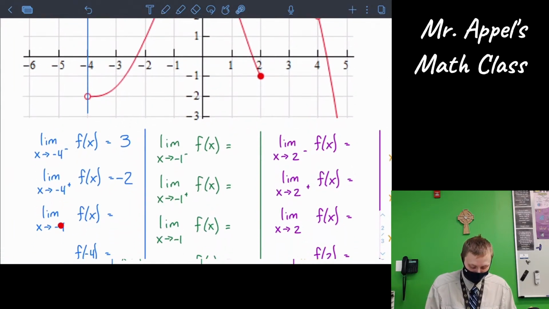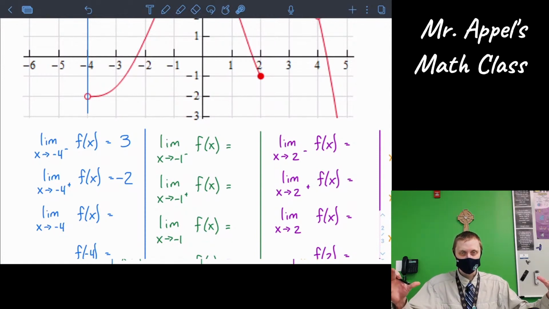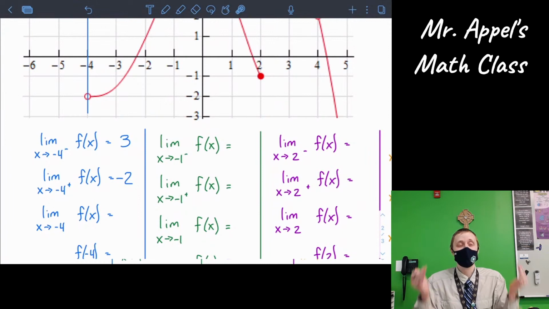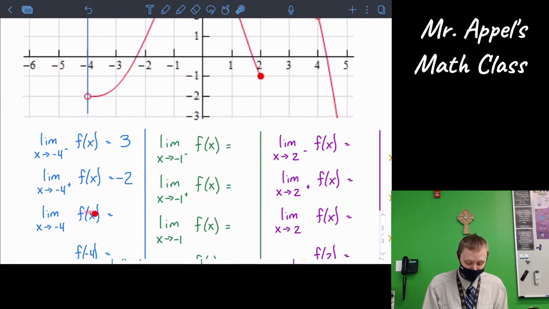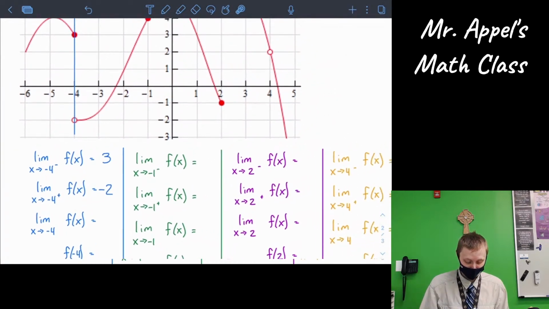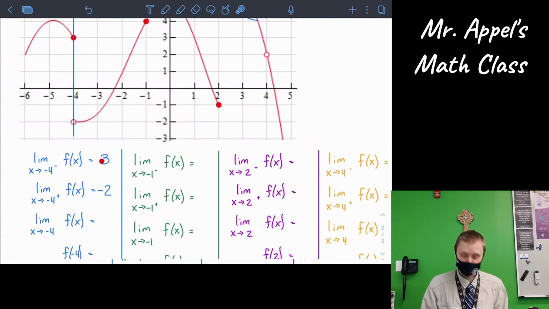If there is no plus or minus on your number, it says x approaches -4, then you have to look at both sides. And this limit only exists if they both match up. From the left, I got 3. From the right, I got -2. Those are not the same number.